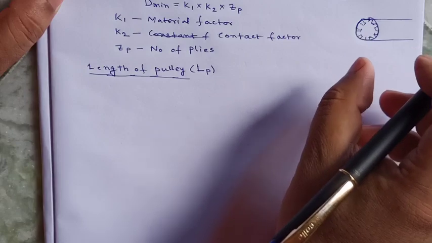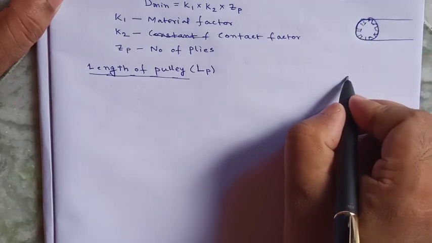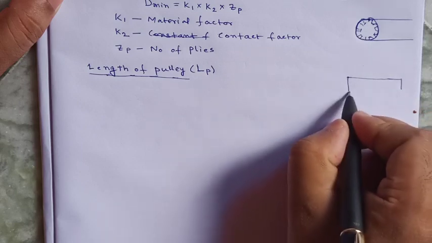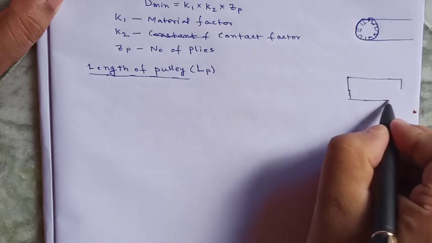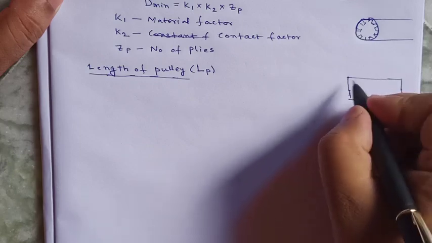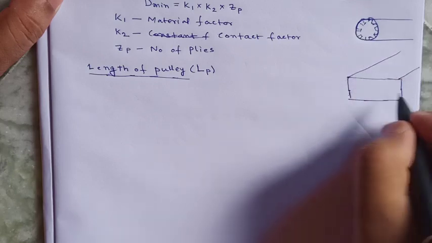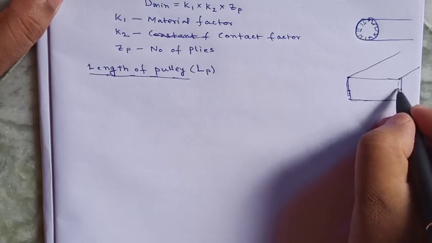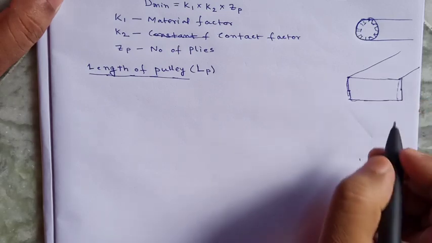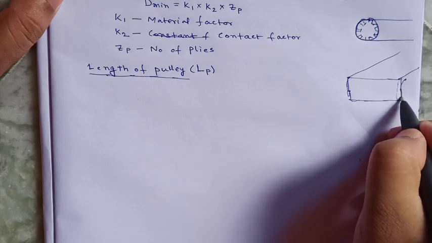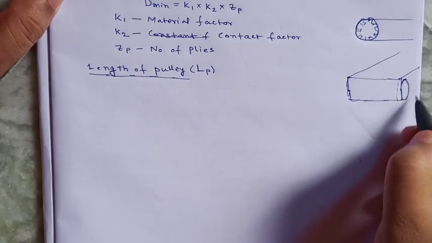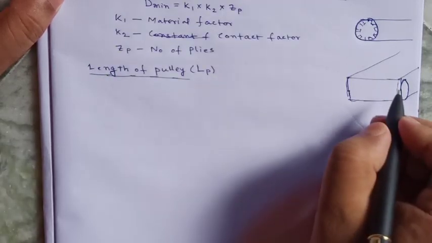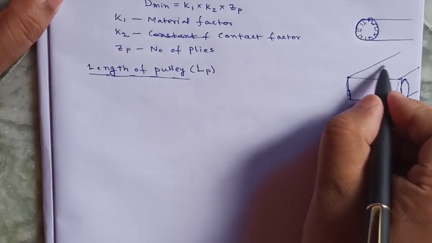If we see from the front, then these will be the pulleys. This is the pulley, and this is the belt which is transferring the materials. So this length should be higher than the belt width.